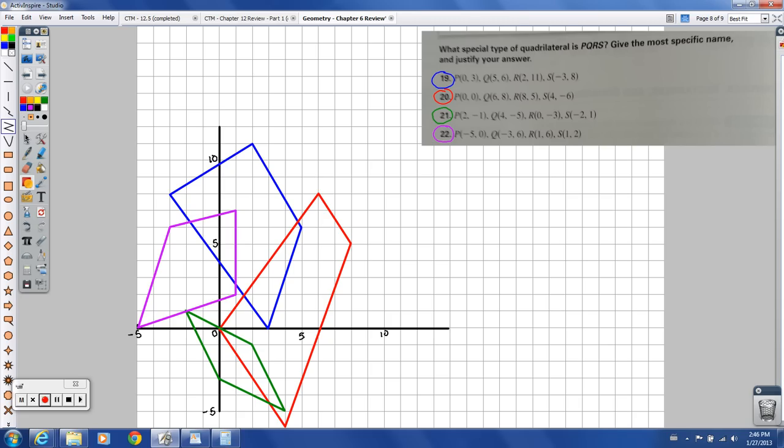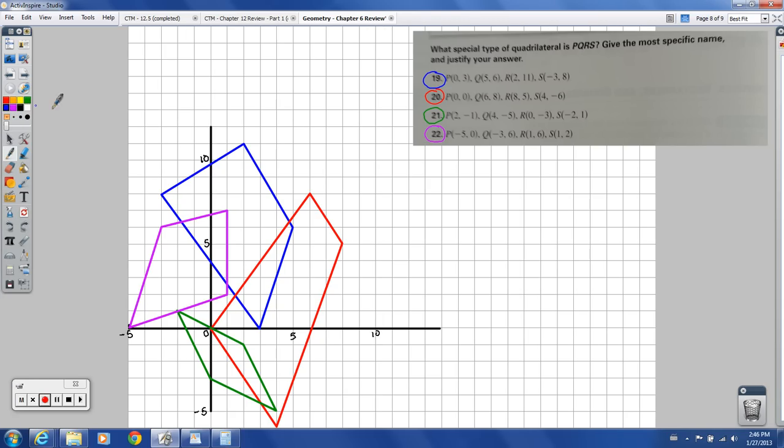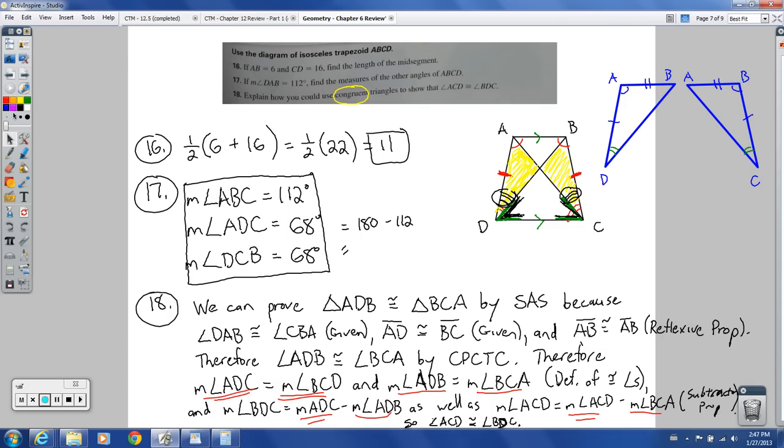So let's go back to blue. And let's check out number 21. Let's see what we think about, or number 19, sorry. Let's see what we think about that one. And I just noticed something about this one. I went up too far. So that was supposed to be 1, 6, not 1, 7. So let me redraw that one.